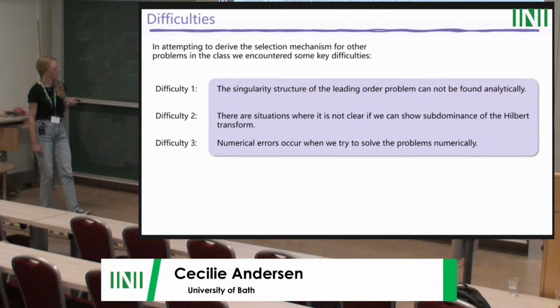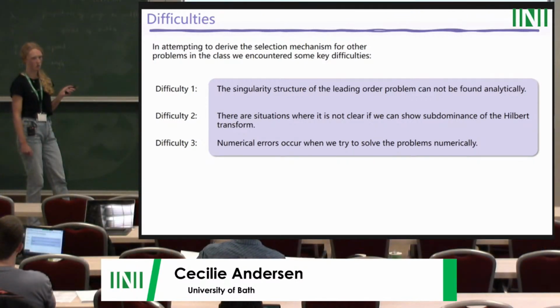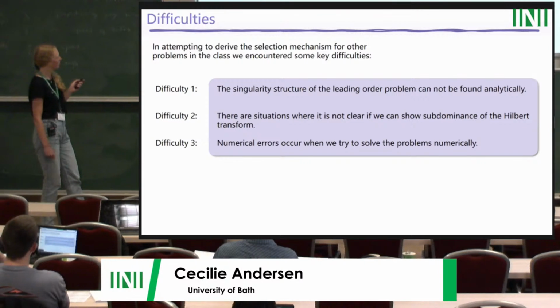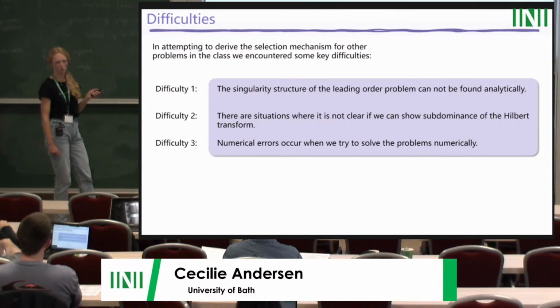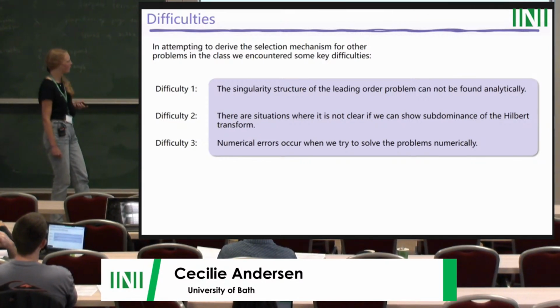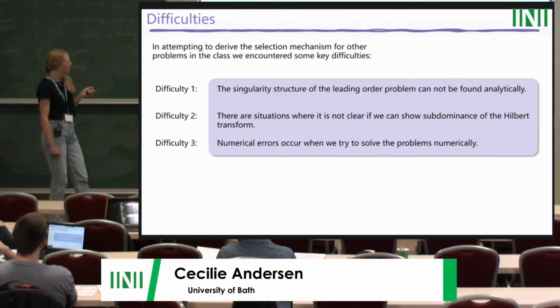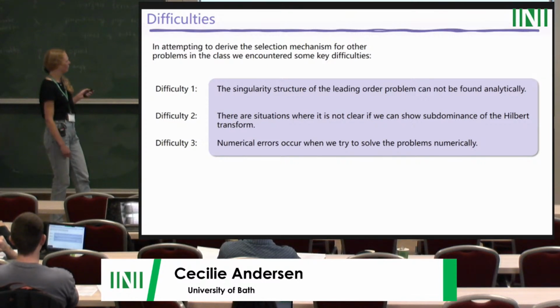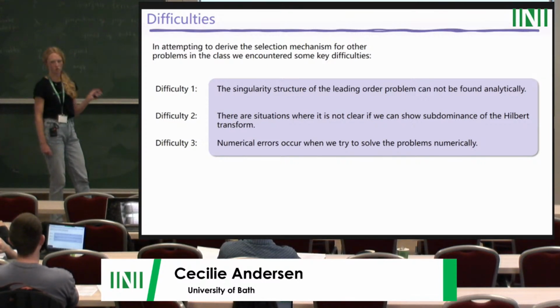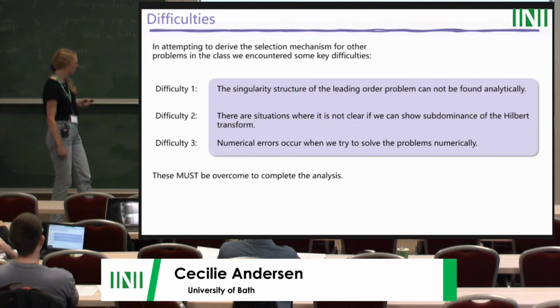The second difficulty is to do with this Hilbert transform and whether we can always show that it's subdominant and cross it off in our analysis. And the third difficulty is in some of these problems that we can't do fully analytically, we need a numerical solution to partner our analytical work, and we run into numerical errors when trying to produce this numerical solution. So we need to be able to deal with these issues to resolve the problems.